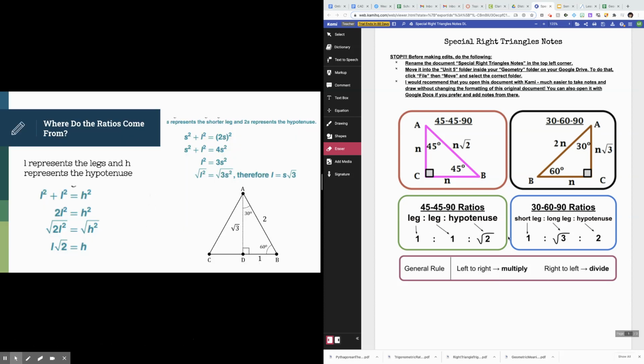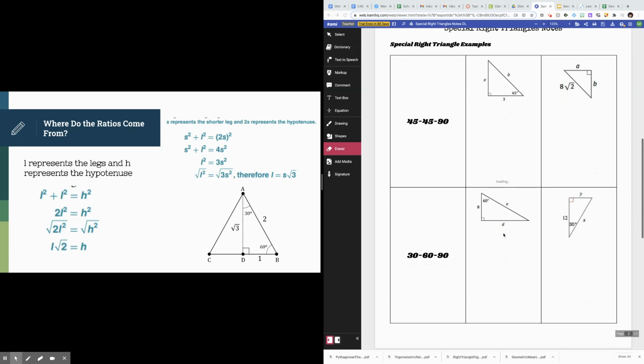Oh, there's this little thing here about where the ratios come from. I just wanted to show you that these do come from the Pythagorean theorem and our knowledge of both isosceles triangles and equilateral triangles. This is not something that you ever really need to know or be able to talk about. I just wanted to show you that they didn't just come out of nowhere.